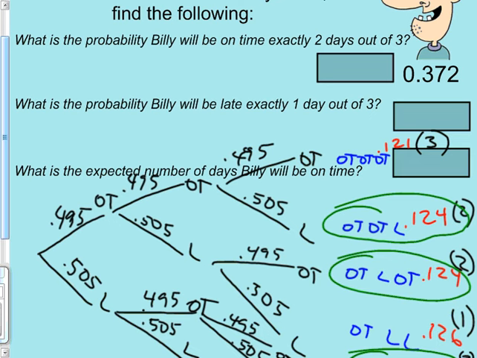Isn't that the same as being right once? Just ask this question. If you're on time twice, and you're right once, isn't that the same as being right once and on time twice? Now, let's look and see if it's a probability that's the same. Okay?